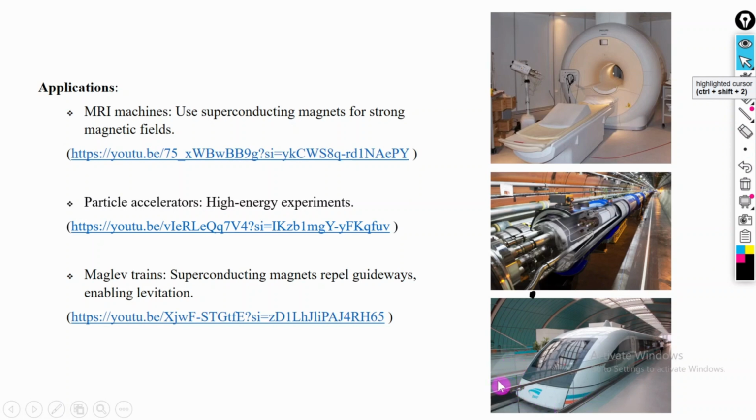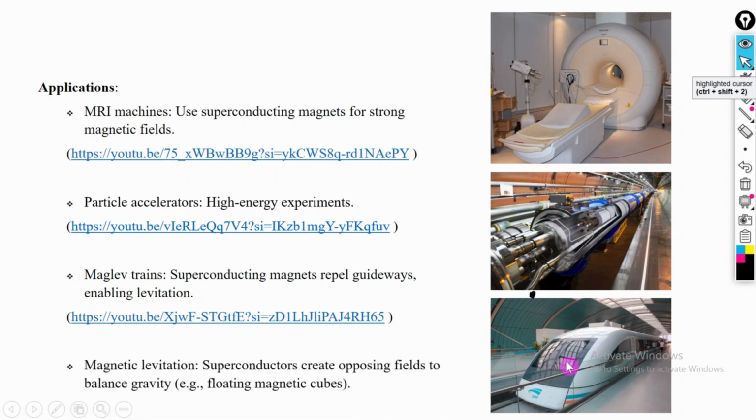Similarly, on that side and on this side, we have the superconductor, and that prevents this train from colliding with the side of its path. The last one is magnetic levitation.